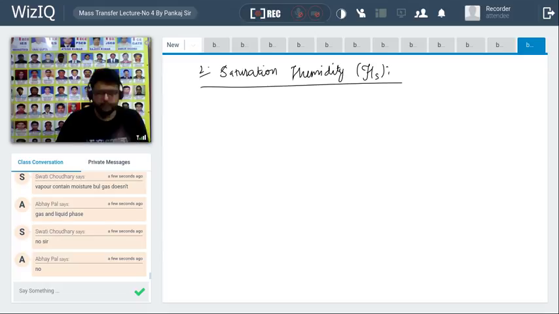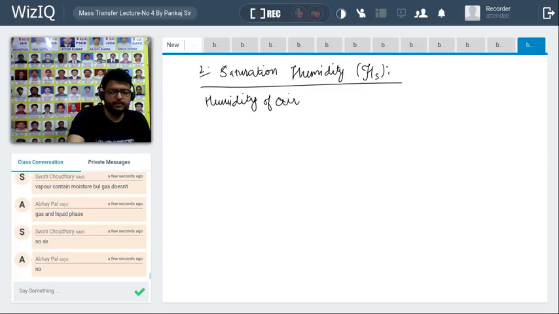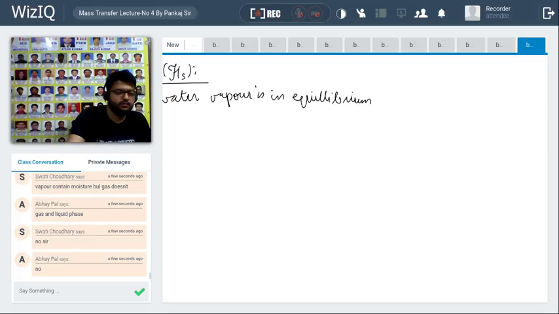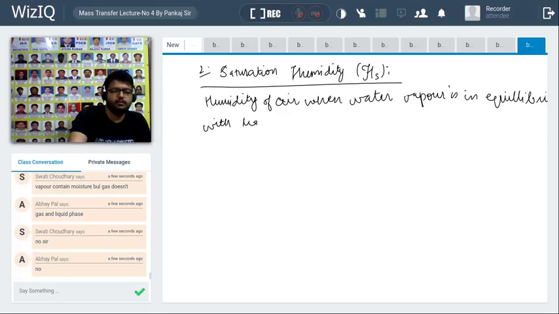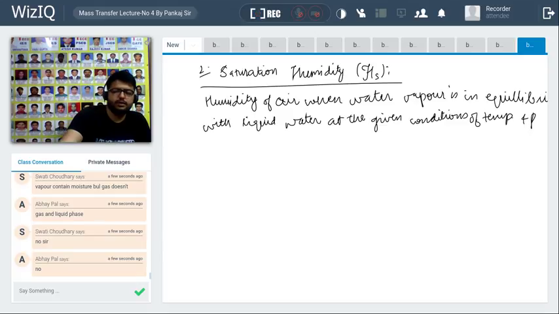Okay, so it is the humidity of air when water vapor is in equilibrium with liquid water at the given conditions of temperature and pressure.